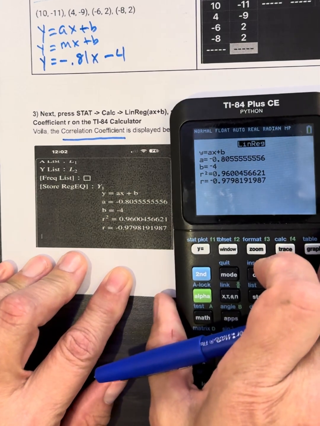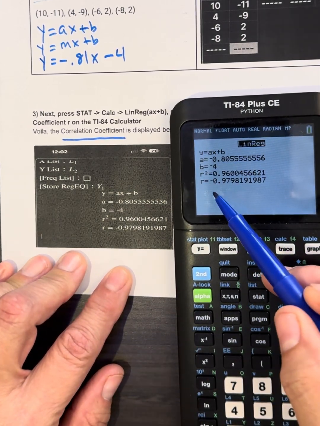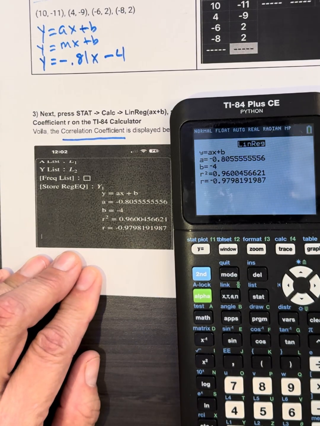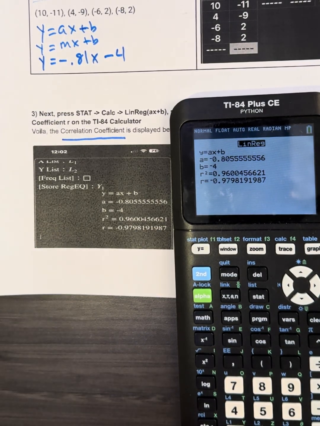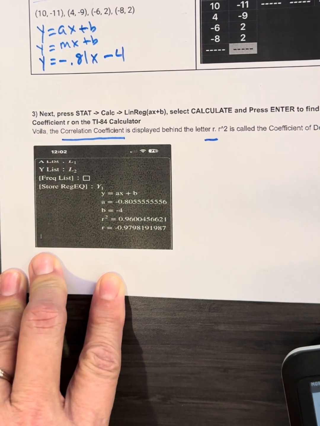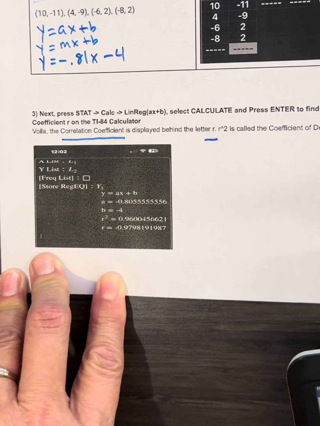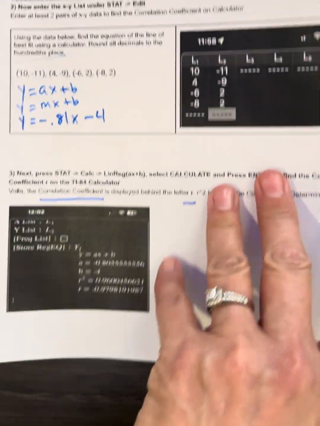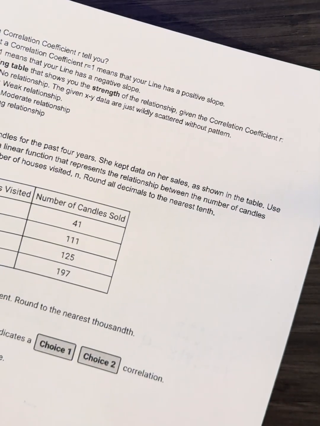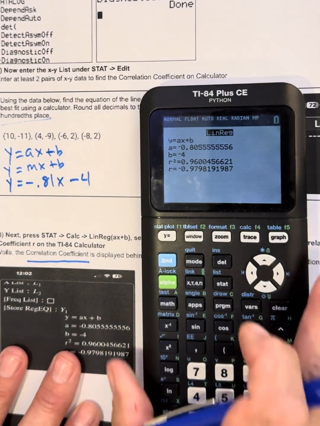So the R value in this one is going to be negative 0.9798. And then we want to round to the nearest, it didn't say. The next one is round to the nearest hundredth, I'm pretty sure. No, thousandths. Round to the nearest thousandths.